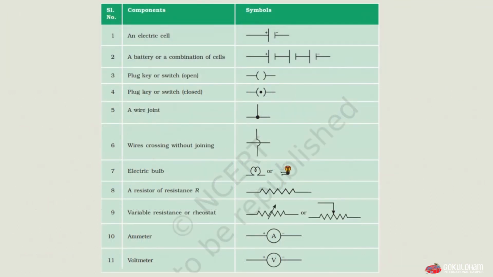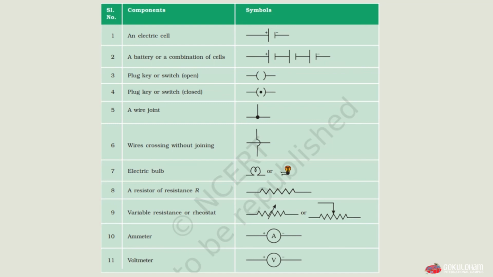In this table are the symbols of some commonly used components in a circuit diagram. When you prepare any type of circuit diagram, the components mentioned in this table are used very commonly. So let me go through this table. First one is an electric cell.